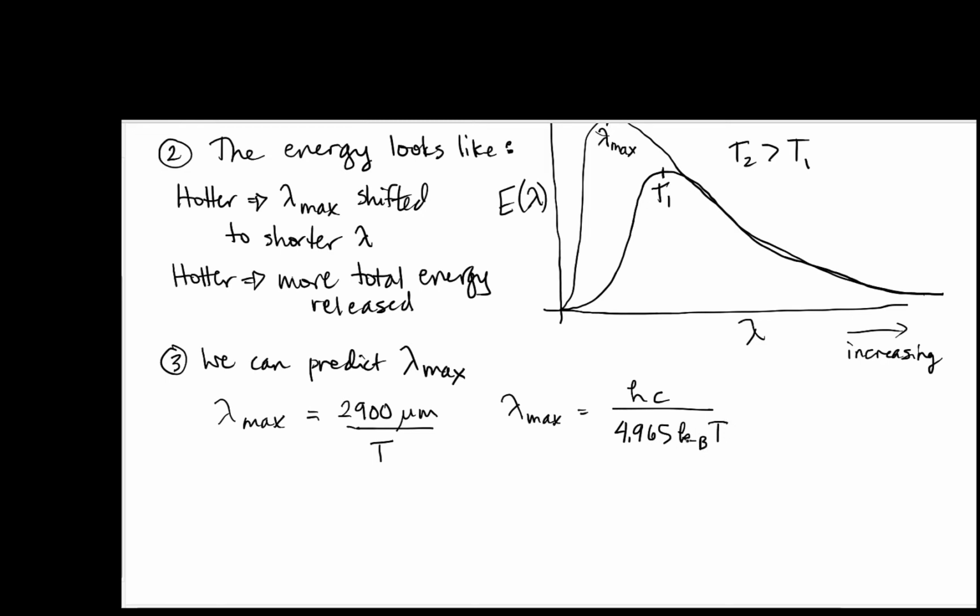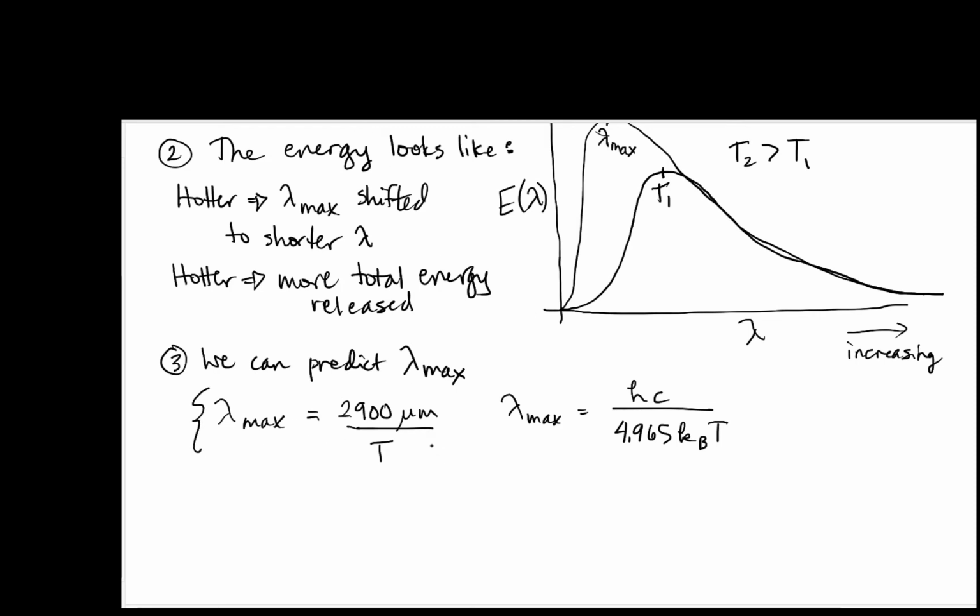So this is the Boltzmann constant again. And then this 4.965 is a numerical solution to part of the derivative that has a funky mathematical function in it. So anyway, that part is unitless. Anyhow, it's perfectly okay for us to go with this easy version of it.